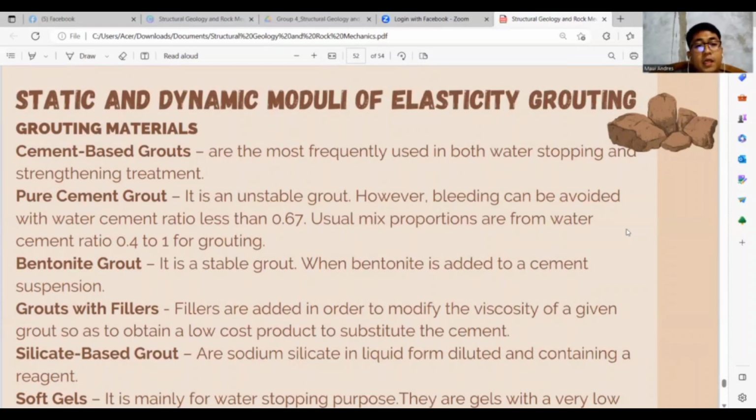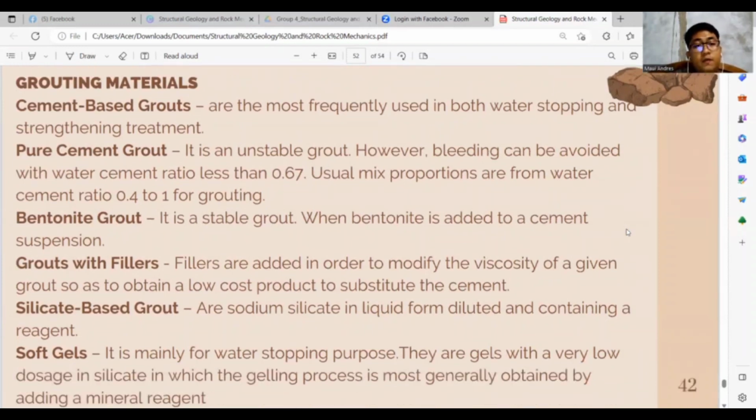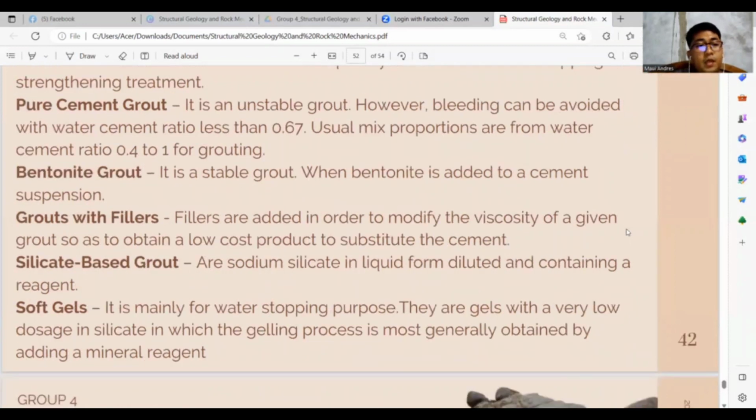Bentonite grout is a stable grout when bentonite is added to cement suspension. Grout fillers are added in order to modify the viscosity of a given grout so as to obtain a low-cost product to substitute the cement.